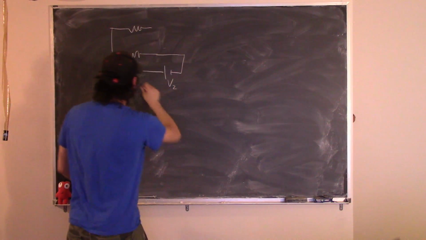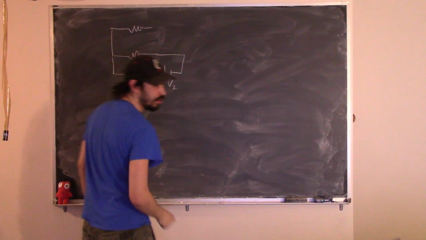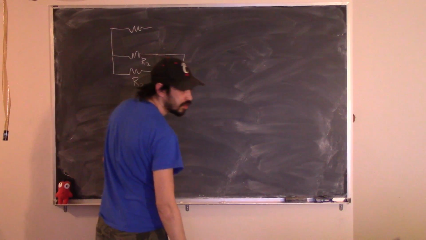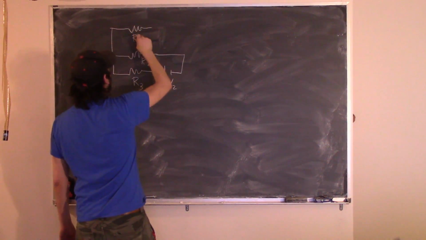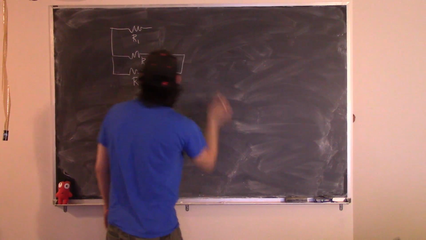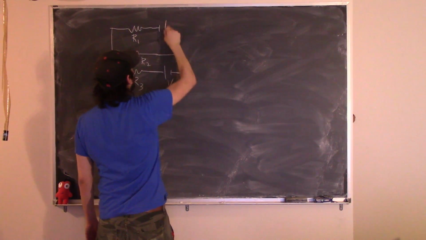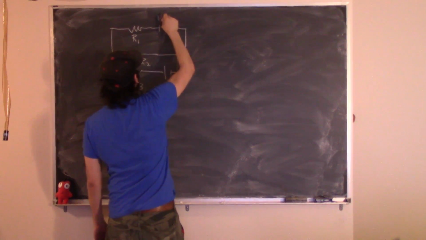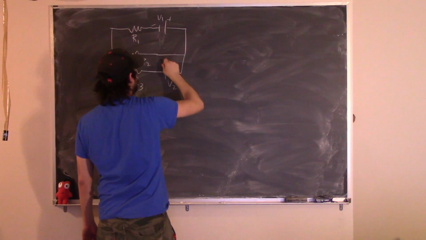And then this was a resistor R3, this was a resistor R2, and then this was a resistor R1. And then this was a battery with this is some V1, this is minus plus, plus minus.